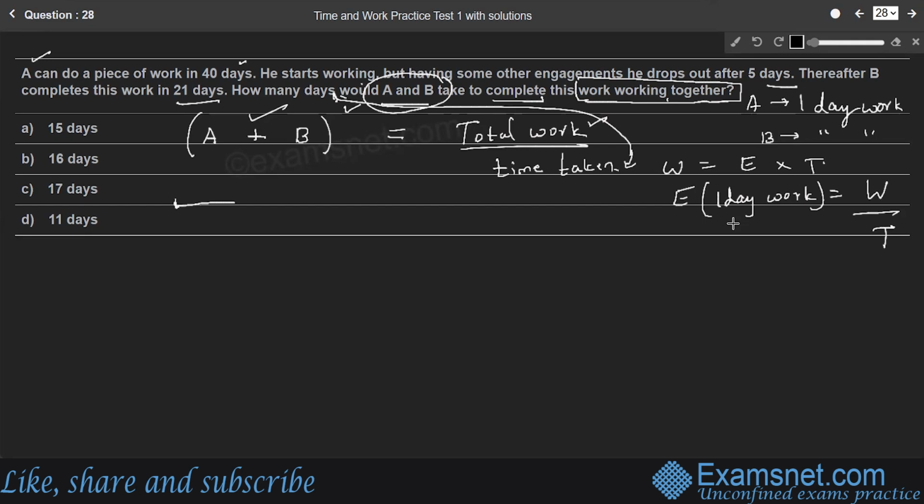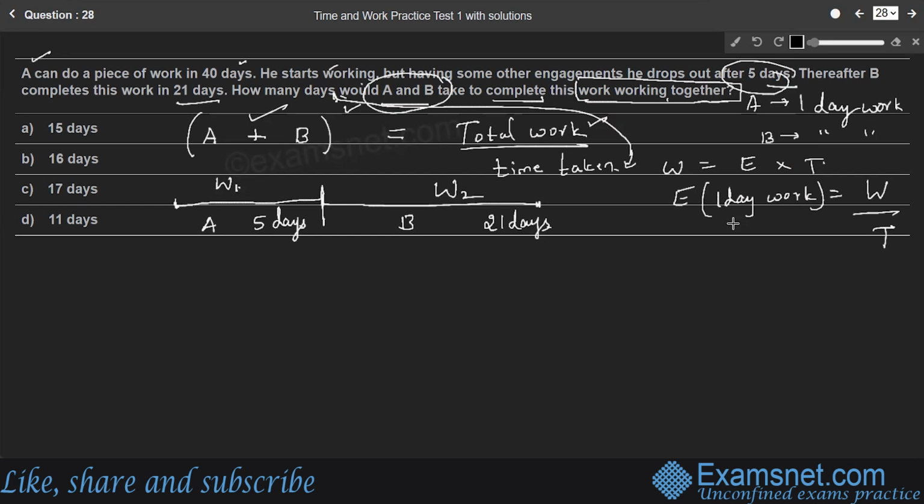Here it is given that for the first 5 days, A completes some portion of work. Let W1 be the first portion of work completed by A in 5 days. And after 5 days, B starts working and B worked for 21 days to complete the remaining work, let it be W2.